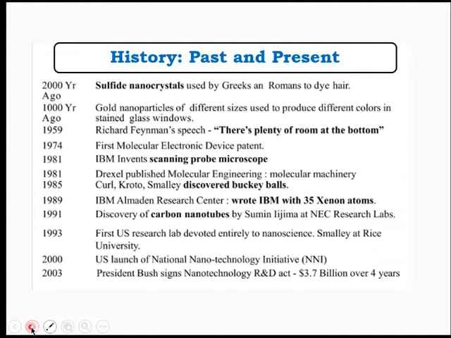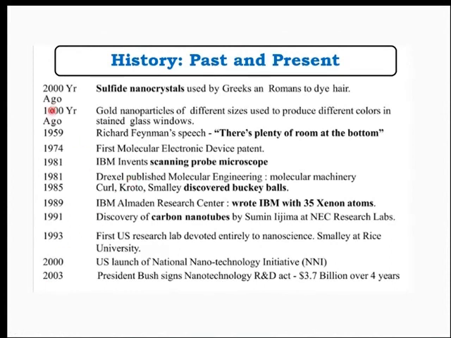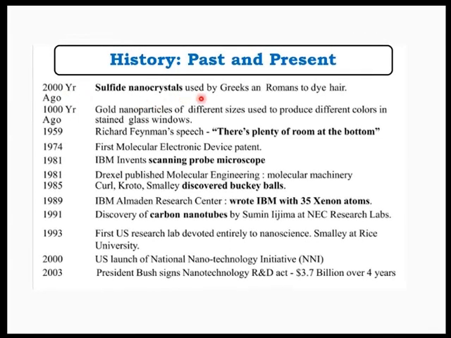So when we see the history of nanotechnology, basically many years back, sulfide nanocrystals were used by Greeks and Romans to dye hair. Thousands of years back there were nanocrystals, but nobody knew about their structure and their application.